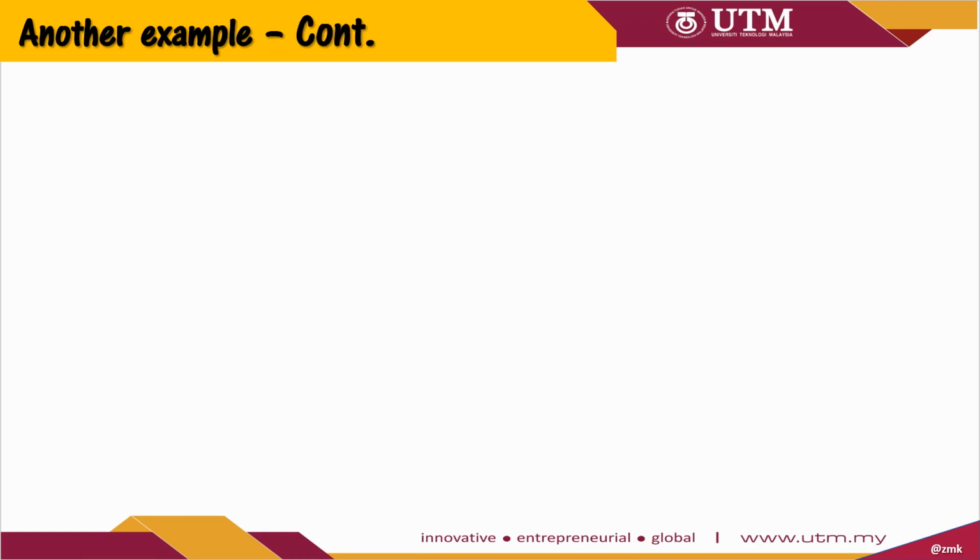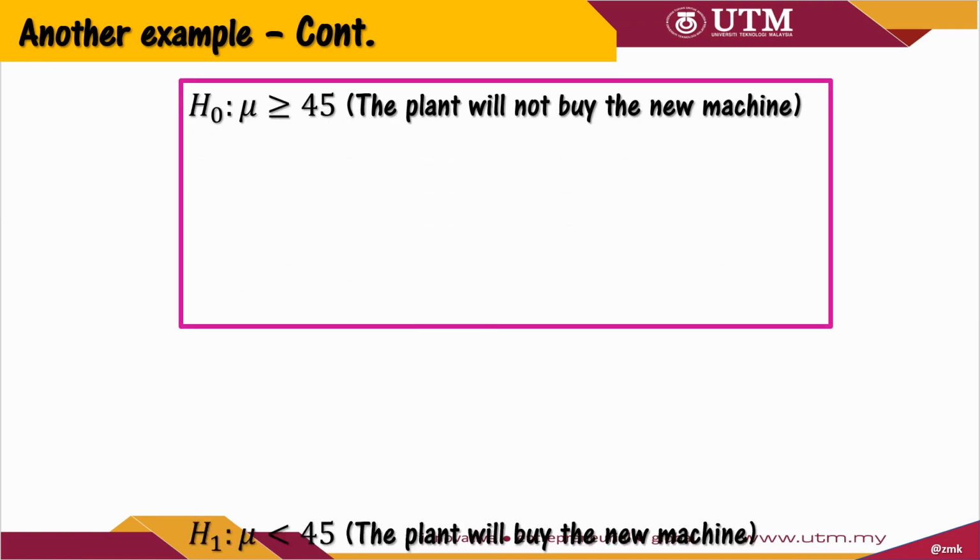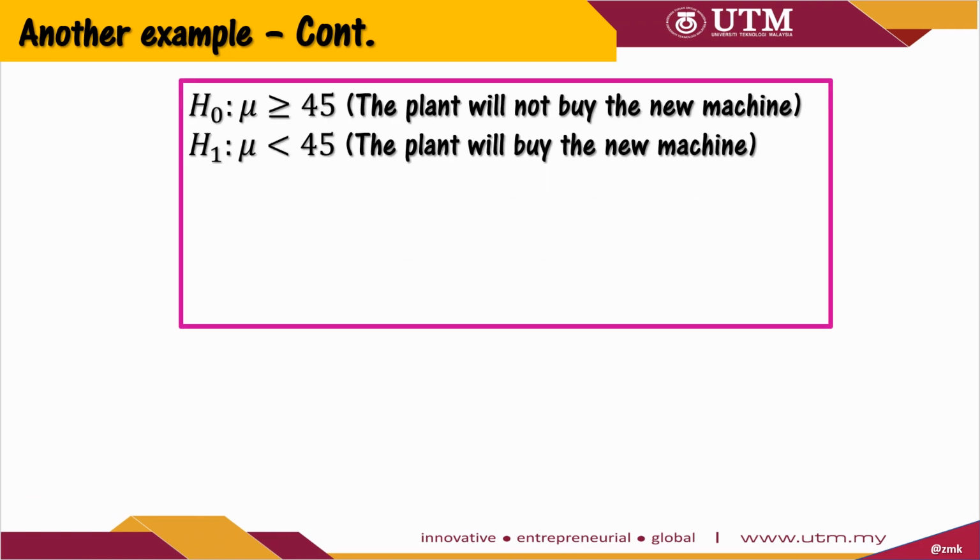Now we look at the complete solution to the example question in the previous slide. We already decided on the null and alternative hypotheses H0 and H1, and we also knew that we have case 3 for this question, that is, to use a t-test as the chosen test statistic.